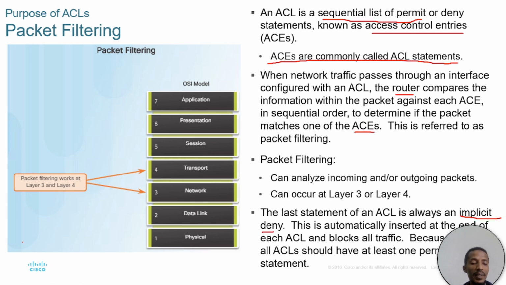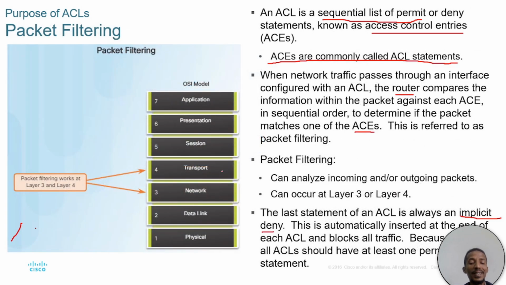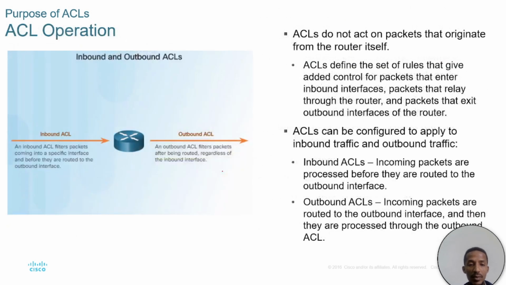For example, if you permit something for this network, even if you don't deny it for another network from this area, by default the system will deny it. So you should know that there is always an implicit deny statement.